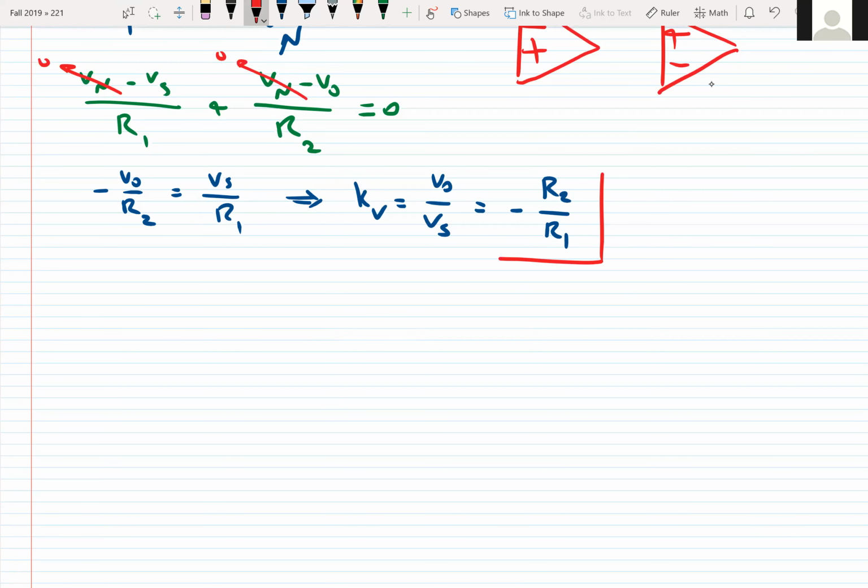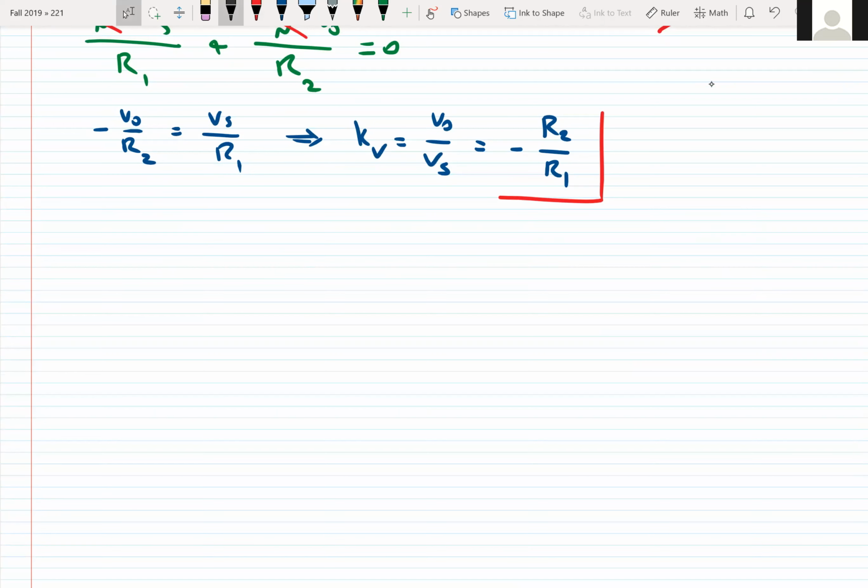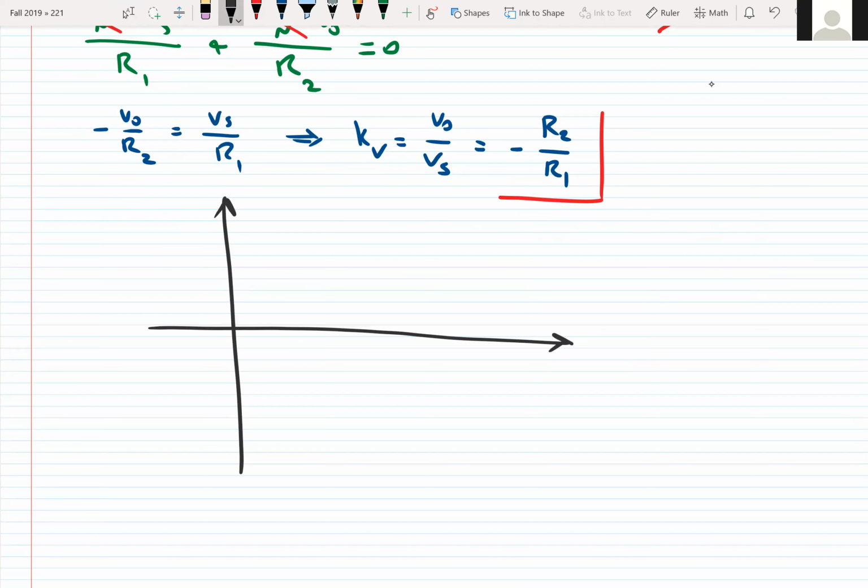We learned the principle of the amplifiers. Let's move. Oh, by the way, before moving to the examples, let me draw a graph for you. Let's say this one is time, and this one is voltage.